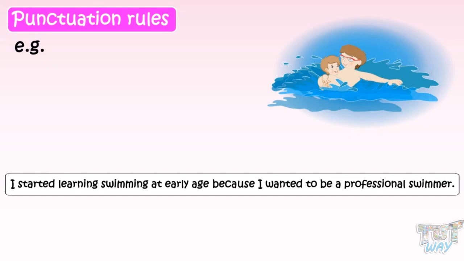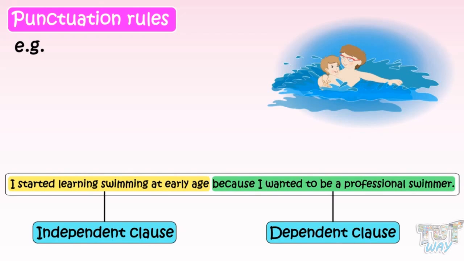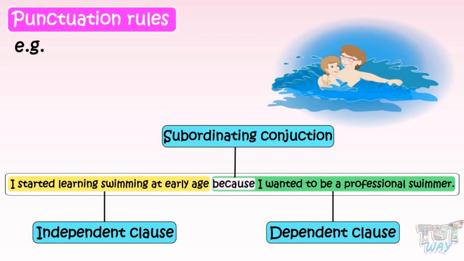Here, the first clause is an independent clause and the second clause is a dependent clause as it starts with a subordinating conjunction, because. So, the rule says that when the independent clause comes at the first place and the dependent clause comes at the second place, then no punctuation mark, such as commas or semicolon, is required between them.